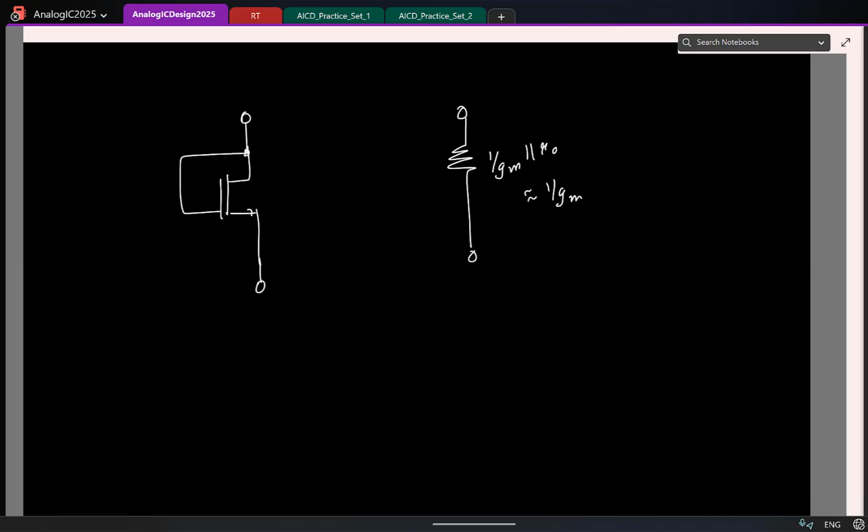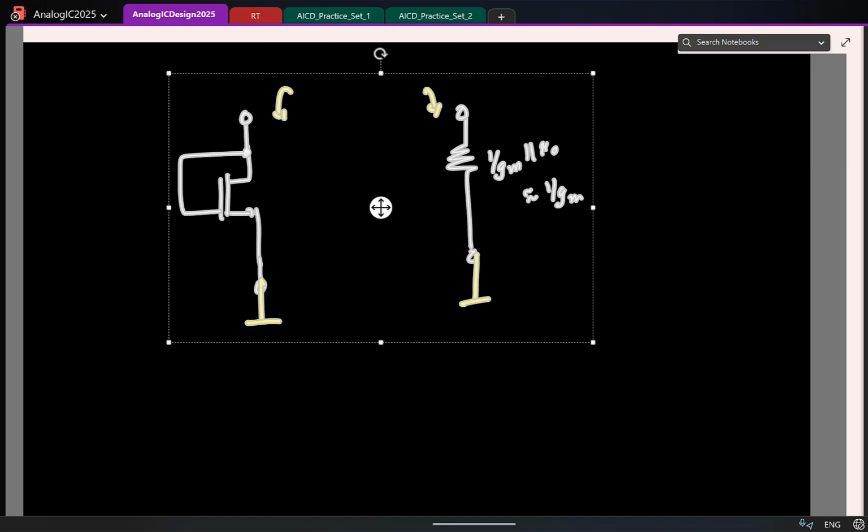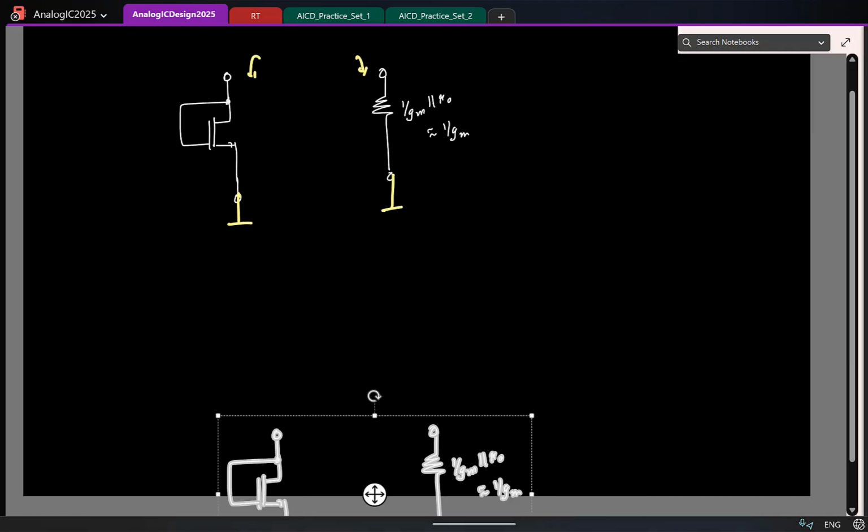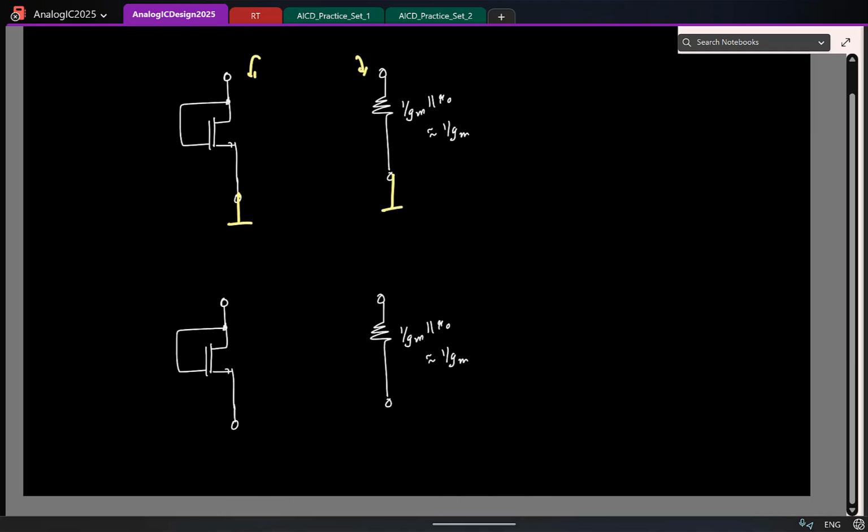So I'm hoping this point is clear. We established it well in advance. A one port nonlinear network is always equivalent to a resistor. It doesn't matter if I short this and find the equivalent resistance looking here, or short the other terminal and find the effective resistance looking here.